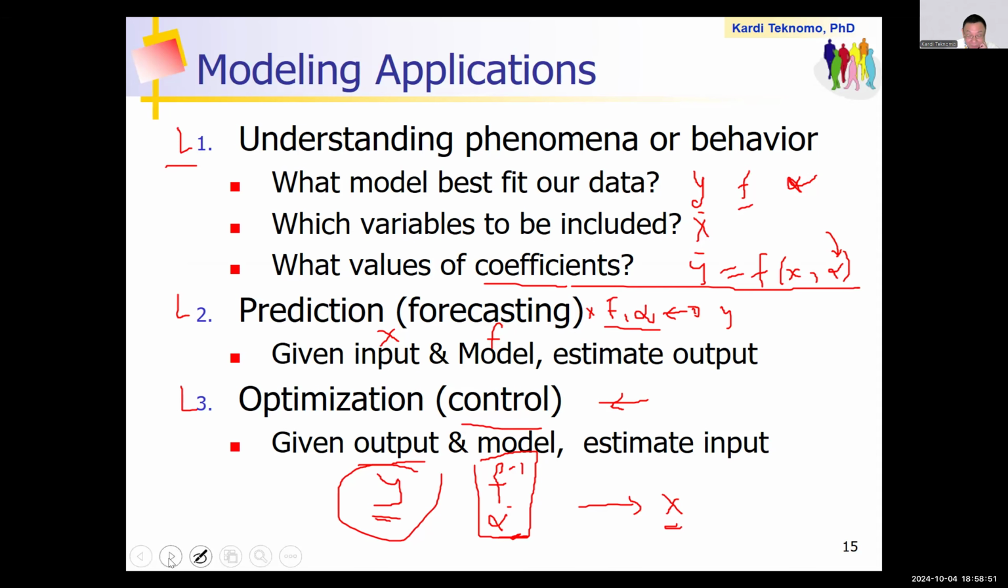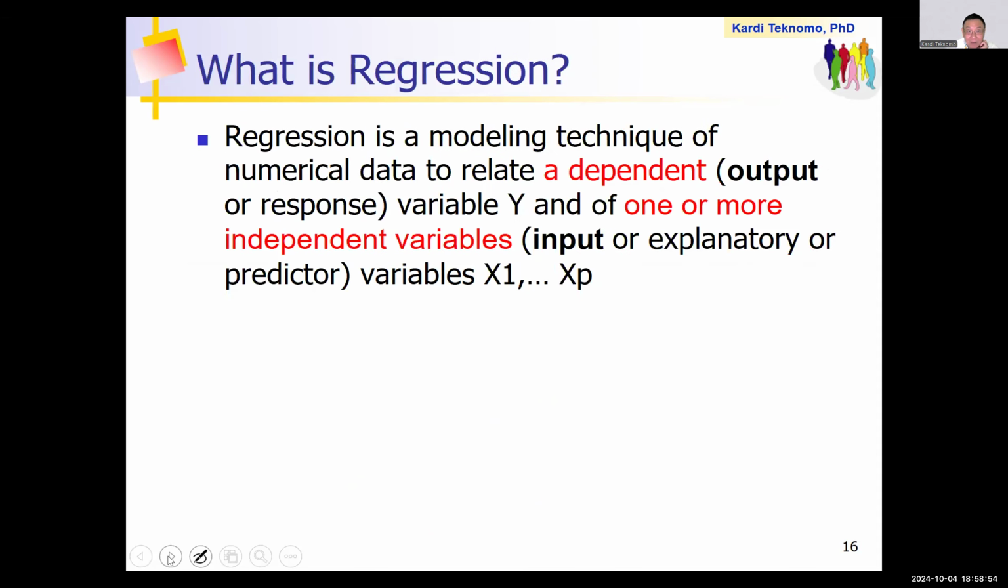Okay, so let's try the next simple technique, called regression. Regression is a modeling technique for numerical data.